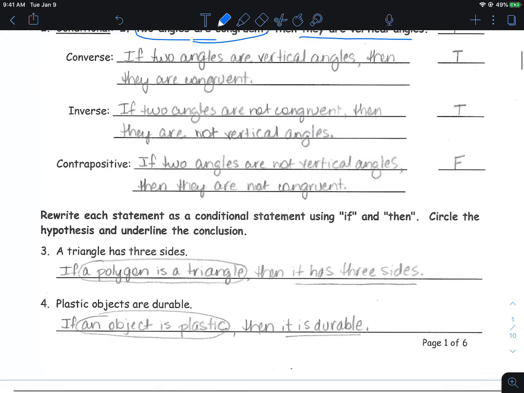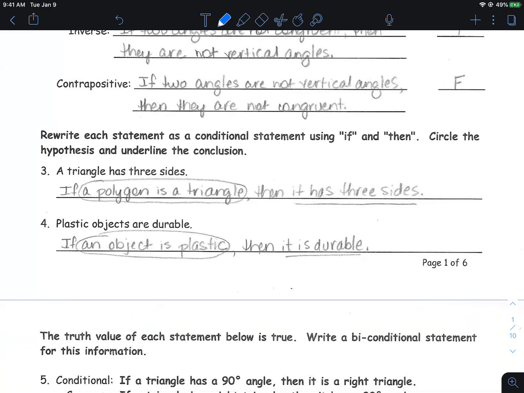So next section here is dealing with rewriting these into a conditional statement, just like above. Key things we need are if and then. So structurally, you will need those, and you will need to have the if as the beginning of the sentence, and then the then needs to be in between. So this right here, a triangle has three sides. So this person wrote, if a polygon is a triangle, then it has three sides.